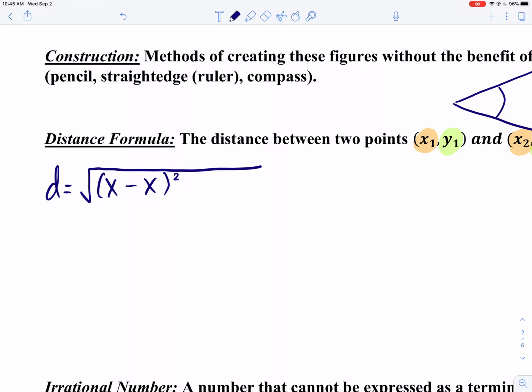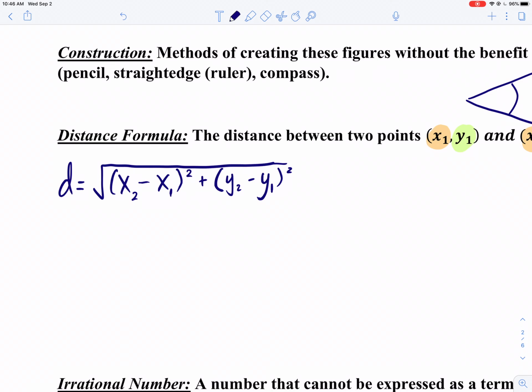If you remember, difference is subtract. So you could do x2 minus x1, plus the difference in our y's, so y2 minus y1. If you mix these up, it's not a super big deal because if you square it, it's still going to give you the same distance between those two points. So we're going to try this example.